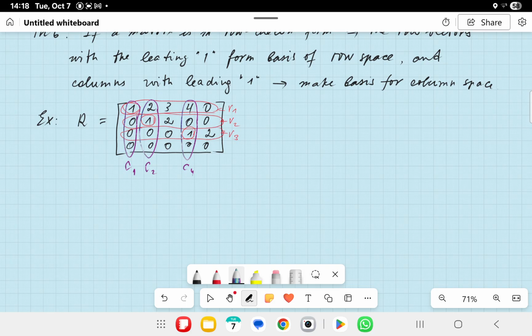They're going to make a basis for column space, and these rows are a basis for row space of A. Well, kind of not difficult. Just reduce the matrix to row echelon form and look at the leading ones, right?